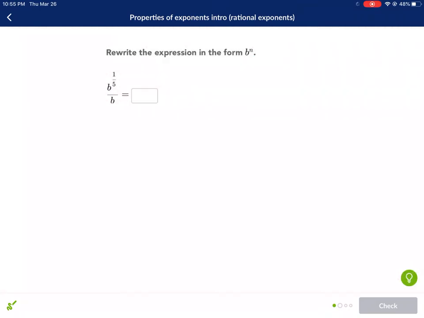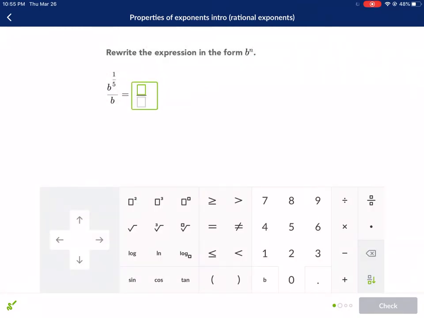So let's go ahead and do that. We're going to be using a fraction. On the top, we had 1. Then we had b to the 4 over 5. I think you might be able to write it as a negative exponent. I don't know if it needs to be that picky.